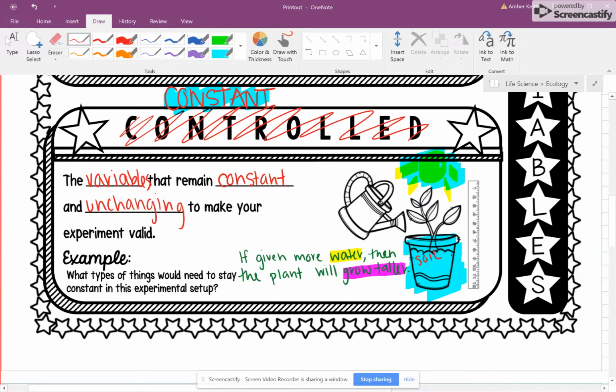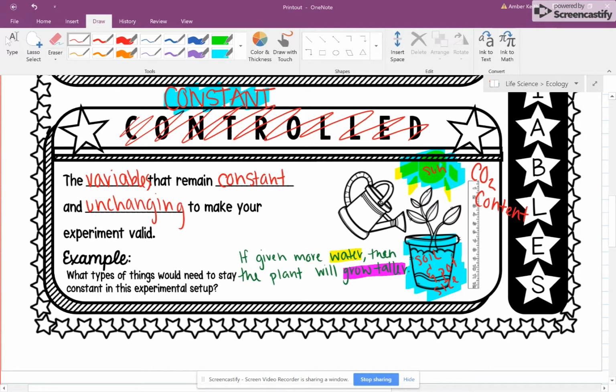So it's soil and pot size. Ooh, okay, we'll just start in the middle of the word and spell it out from there. Okay, and then the sun. So these are all different constant variables.